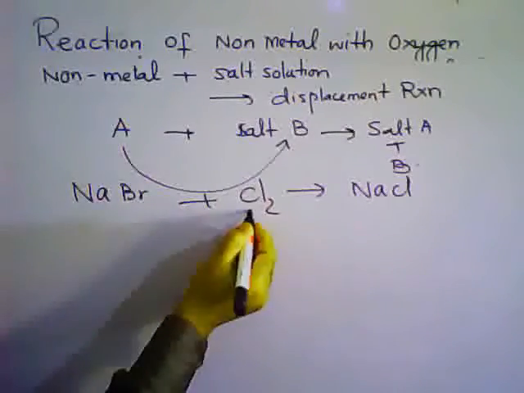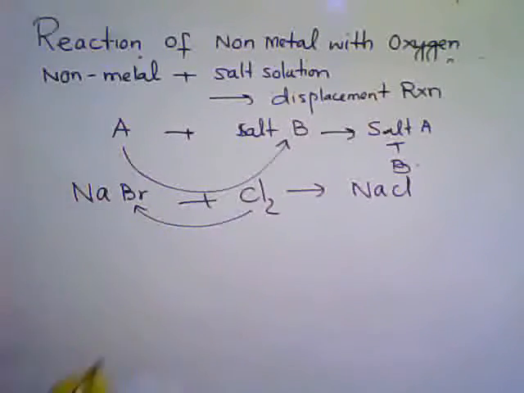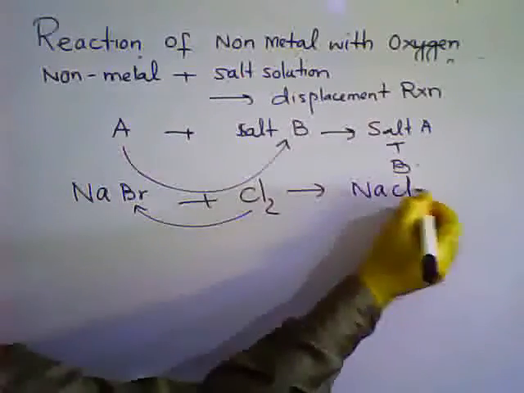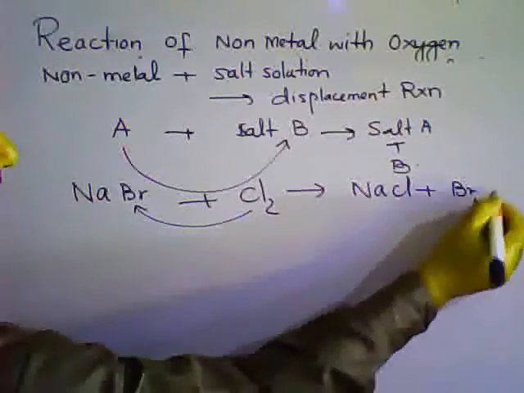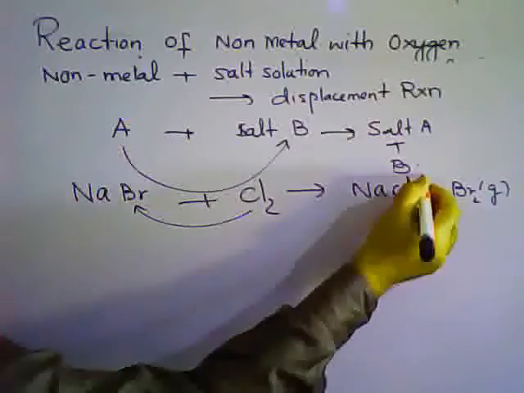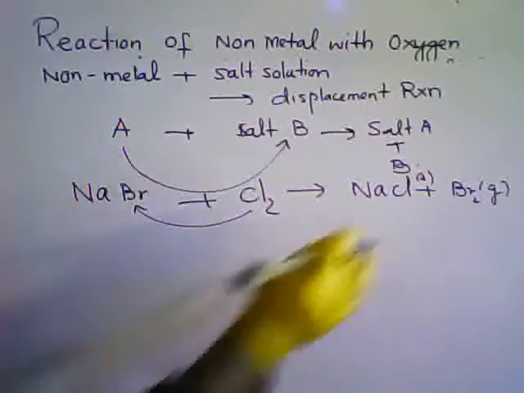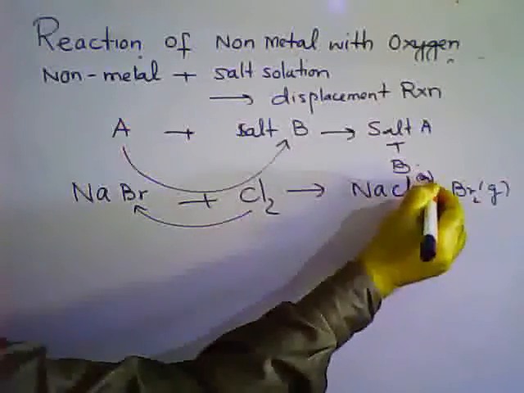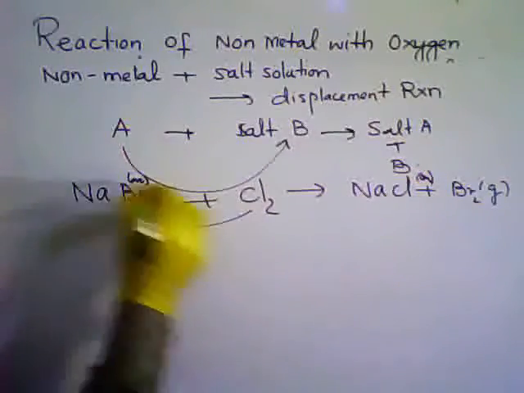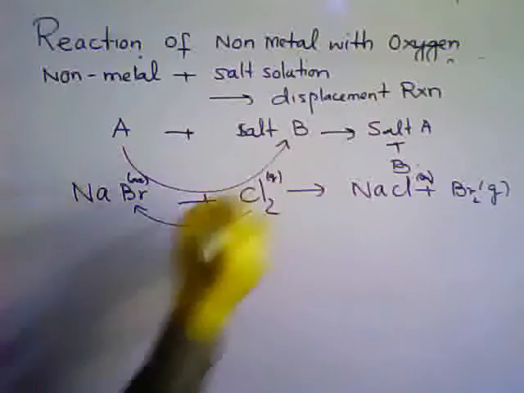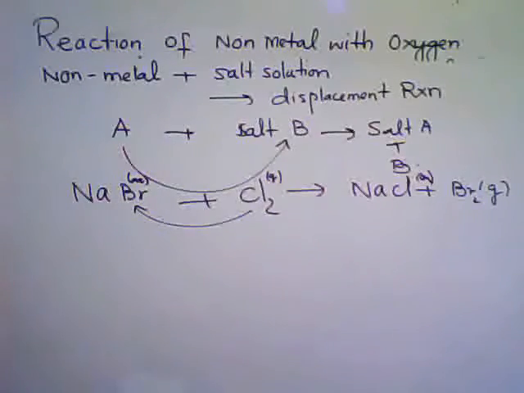This chlorine is displacing bromine, so we can get bromine here. Okay dear, so this will be liberated in the form of gas. Oh sorry, this is an aqueous solution. This is a gas passed through this solution. So we are getting an aqueous solution of sodium chloride.